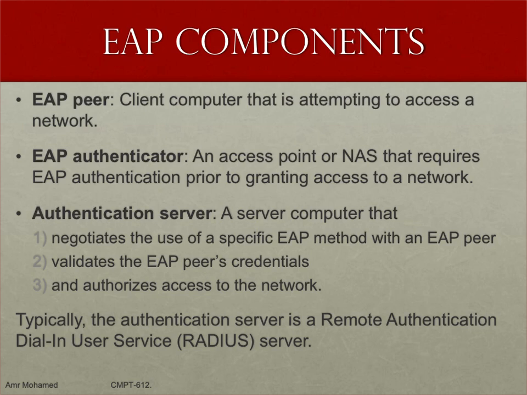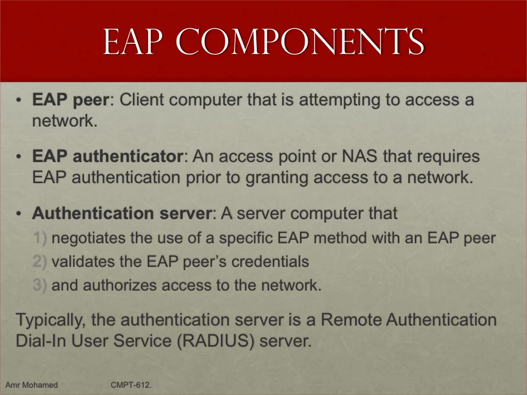What is this RADIUS server? This RADIUS server, as we will see in a minute, is the data link layer protocol which is used to tunnel the messages from the authenticator to the authentication server. We talked about 802.1X, right? To tunnel the messages from the device to the authenticator.